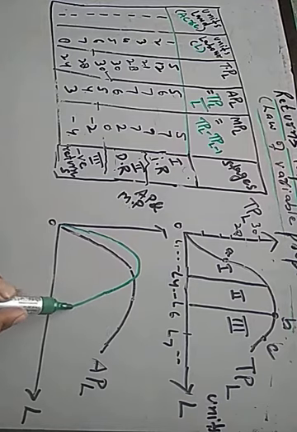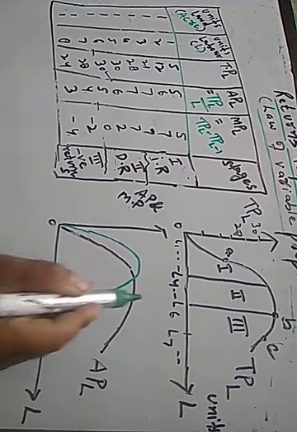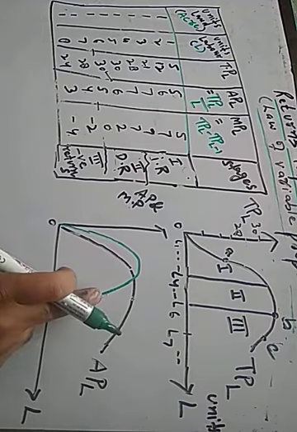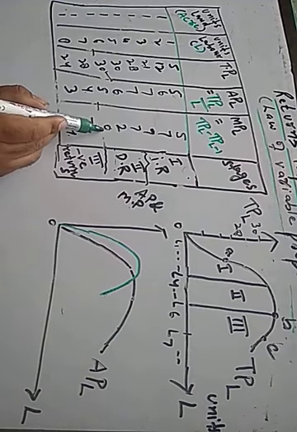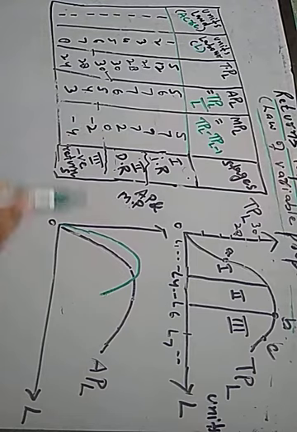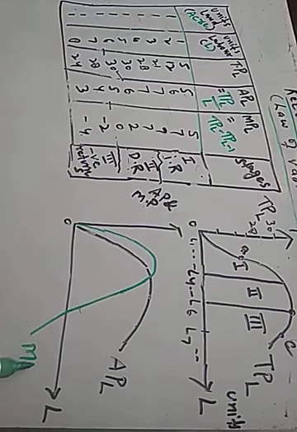And the end of this second stage shows that the marginal product of labor becomes equal to 0. This is marginal product of labor curve.